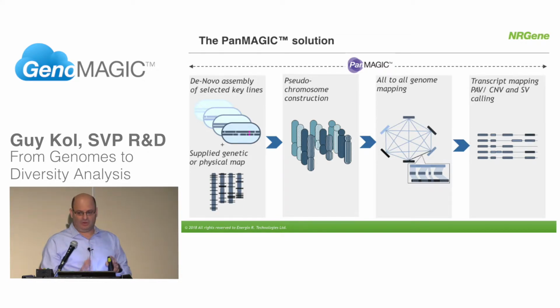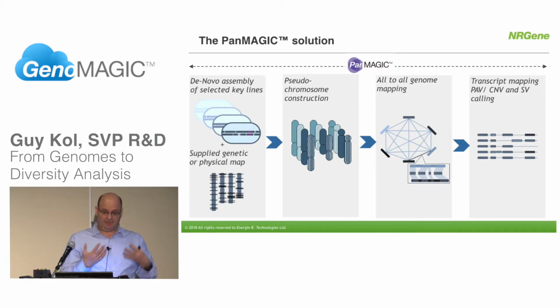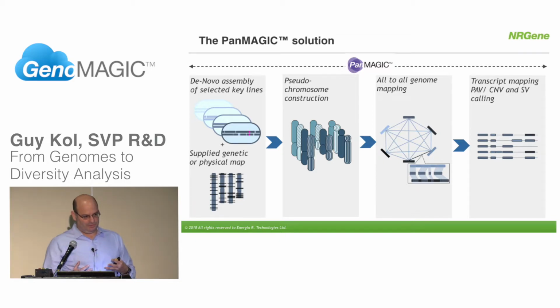So it's an all-to-all comparison of a set of genomes. And then you take a set of transcripts. Now, the set of transcripts, as many people mentioned here, is not trivial. NRGene does not do the annotation part, but once the annotation is ready, NRGene will take the annotation and compare the whole transcript sets between the different genomes.